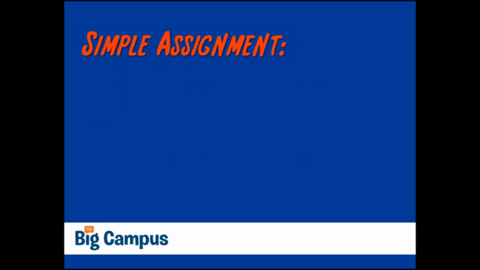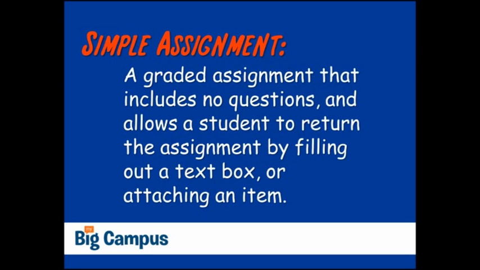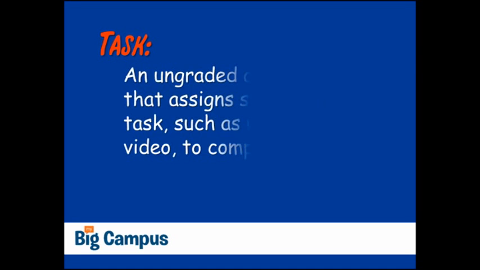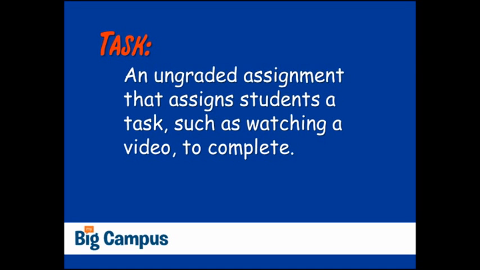A simple assignment is a graded assignment that includes no questions and allows a student to return the assignment by either filling out a text box or attaching an item. And finally, a task is an ungraded assignment that assigns students a task, such as watching a video, to complete.